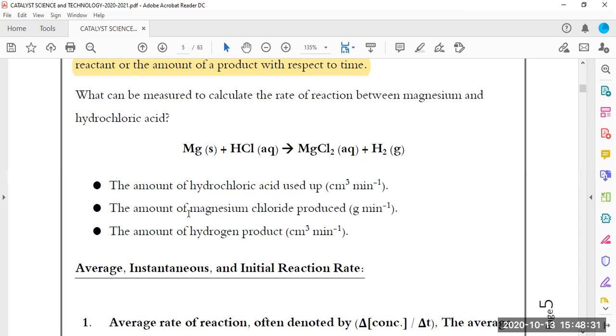Or we count the amount of magnesium chloride produced, how many grams for each minute, or the amount of hydrogen produced. So we have different ways of tracing the rate of the reaction, either through the HCl change, magnesium chloride change, or hydrogen gas change.